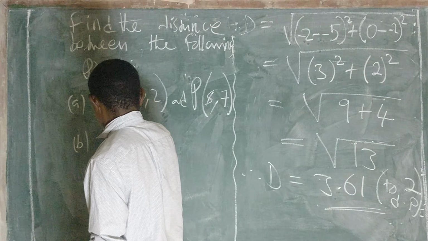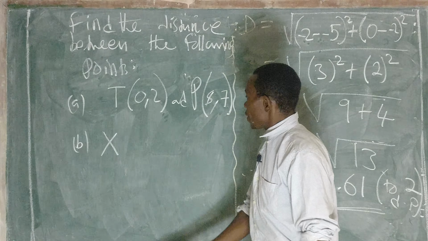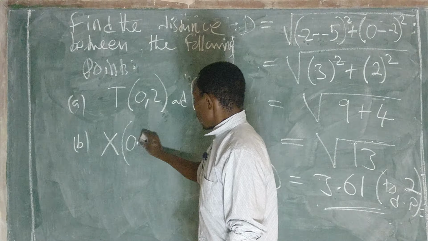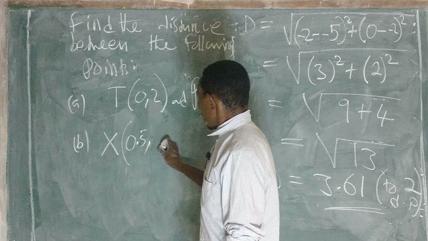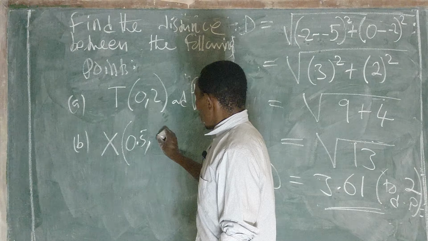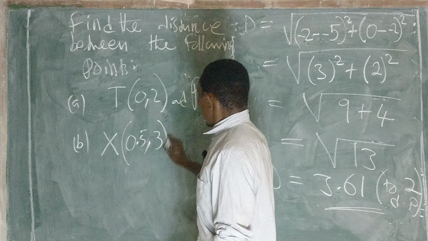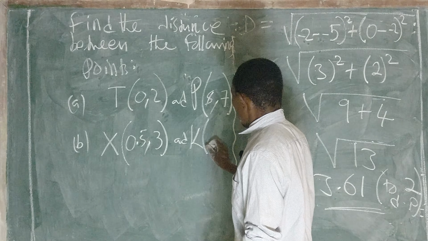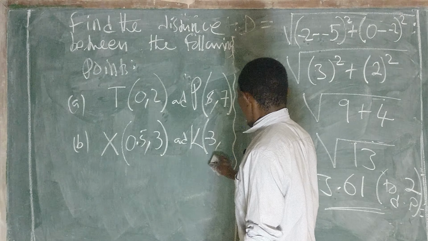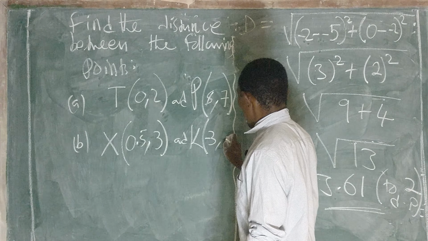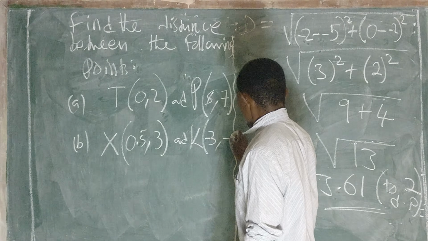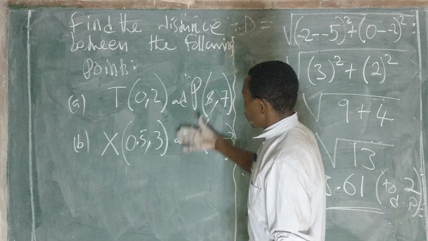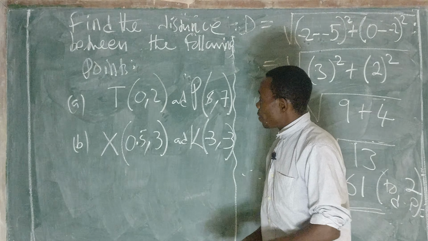B, distance between X, where x is 0.5 and y is 3, and another point K, found at (-3, -3) again. Right. So please try just to work out the 2 problems.